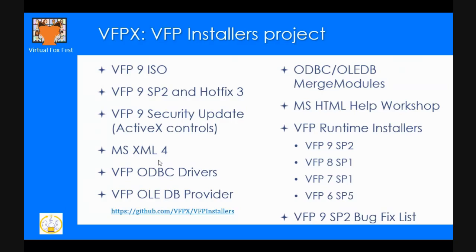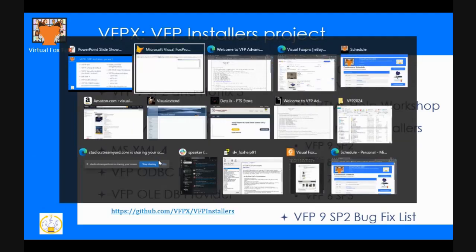The Help Workshop, if you want to build your help files, your CHM files. And then Woody's VFP runtime installers for VFP 9, 8, 7, and 6, all latest service packs. They used to be under Woody's website, then they got moved to an MSDN website. That got deprecated, then they got moved here. And then the Service Pack 2 bug fix list is also included. So where is that located?